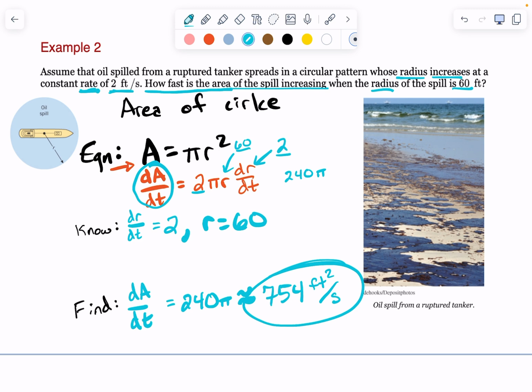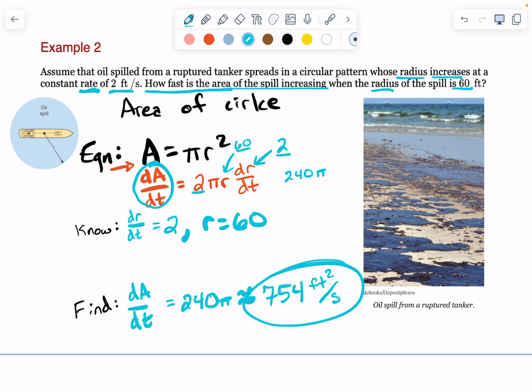So 10 seconds from now, it'll still be increasing at a rate of 2 feet per second, right? But that won't always be the case is what I'm saying. Like 10 seconds from now, it might be only increasing at 1 foot per second, because eventually that tanker is going to start to slow down because it's not going to have as much in it, right? Makes sense to me.